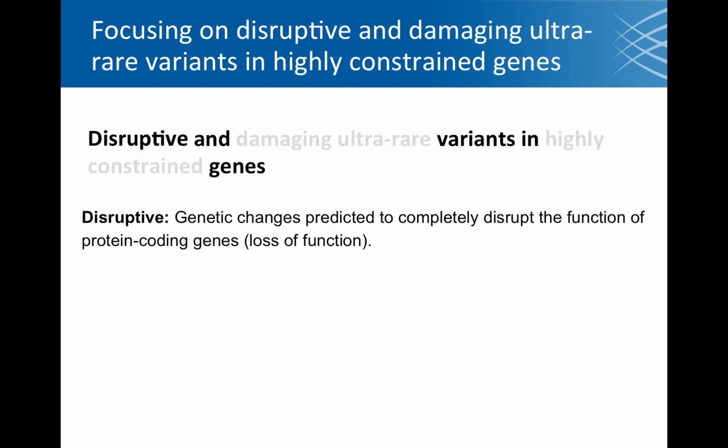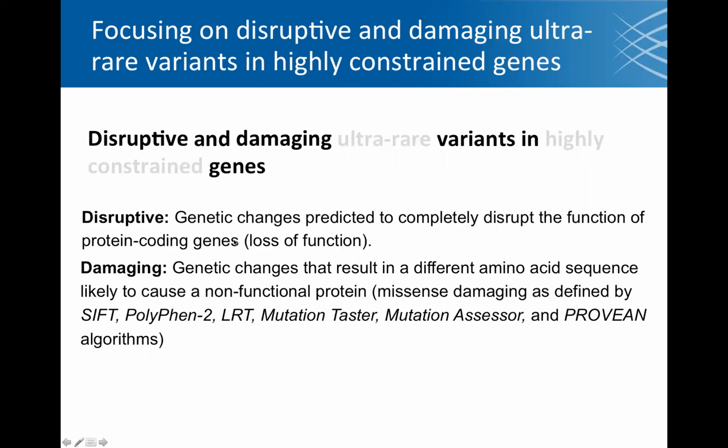So for disruptive variants, I mean genetic changes that are predicted to completely disrupt the function of a protein-coding gene. Other speakers call it loss of function or protein truncating variation. I call it disruptive. We have damaging variants, which are genetic changes that result in a different amino acid sequence.